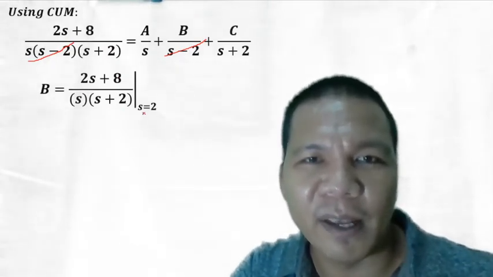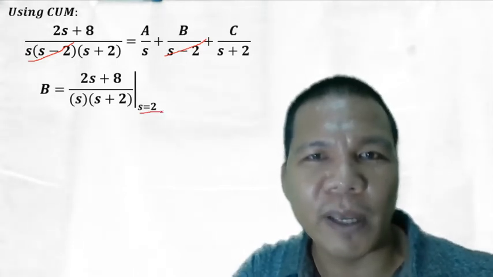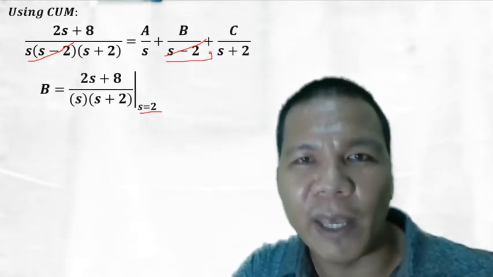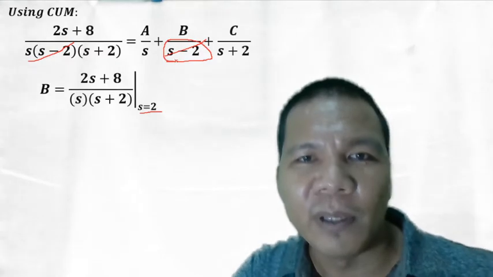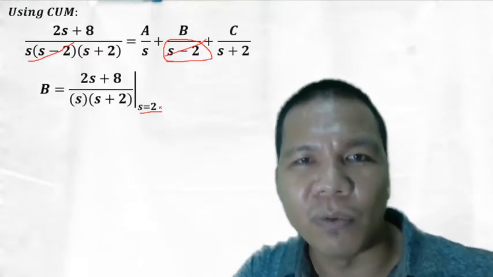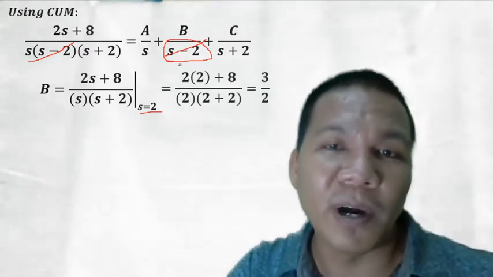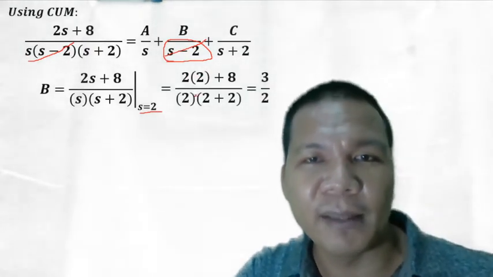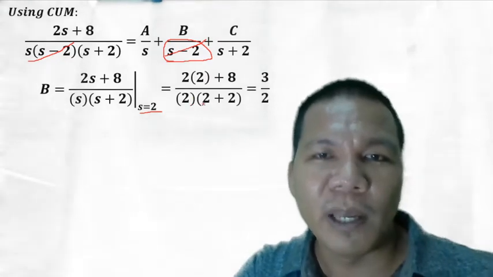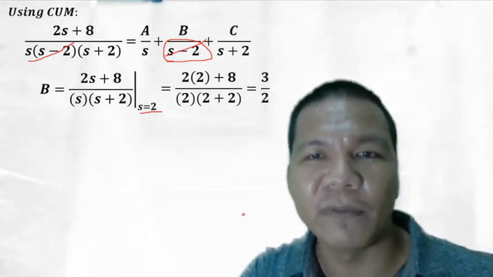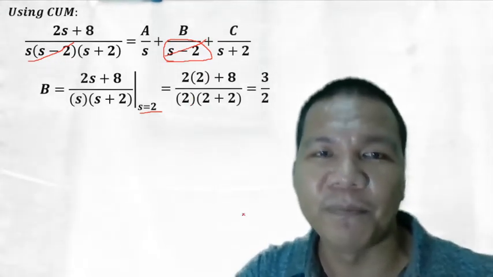But in this case, I use s equals 2. Why s equals 2? Because to make this denominator 0, the value of s should be 2. Then, after substituting 2, you have 2 times 2 plus 8 all over 2 plus 2. Simplifying it further, that becomes 3 halves.